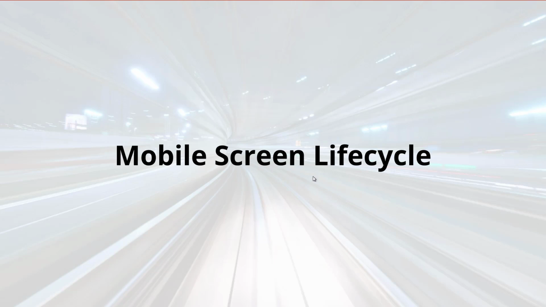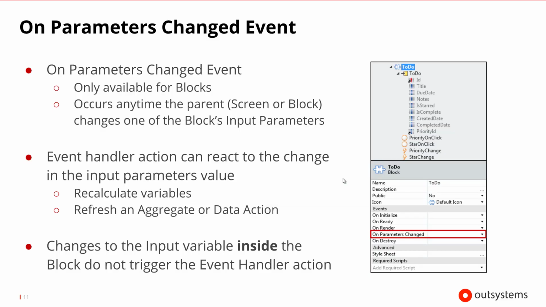Now, we have been mentioning that onParameterChanged is an event that is sort of occurring inside of the mobile screen lifecycle. And we tried to show a little bit of that, but there's a slightly better way to think of this. If we look at the onParameterChanged event, this event is only available for blocks. And it will occur whenever the parent changes any of the inputs for that block.